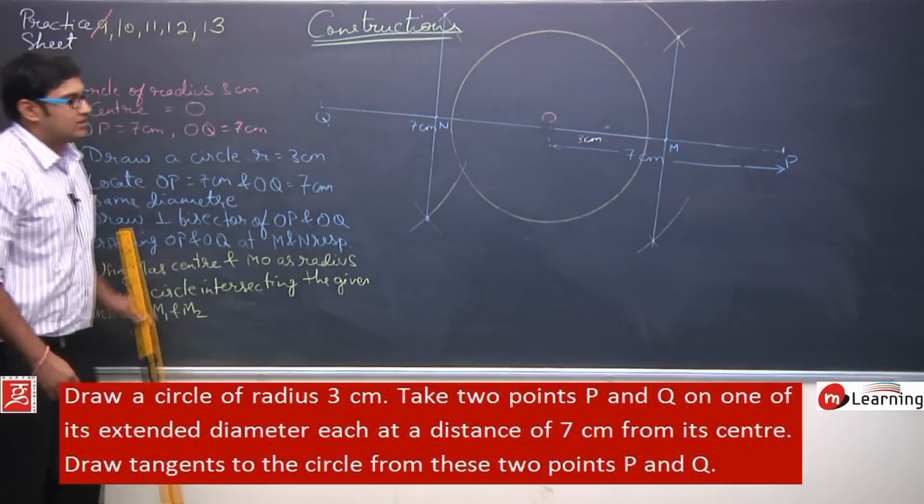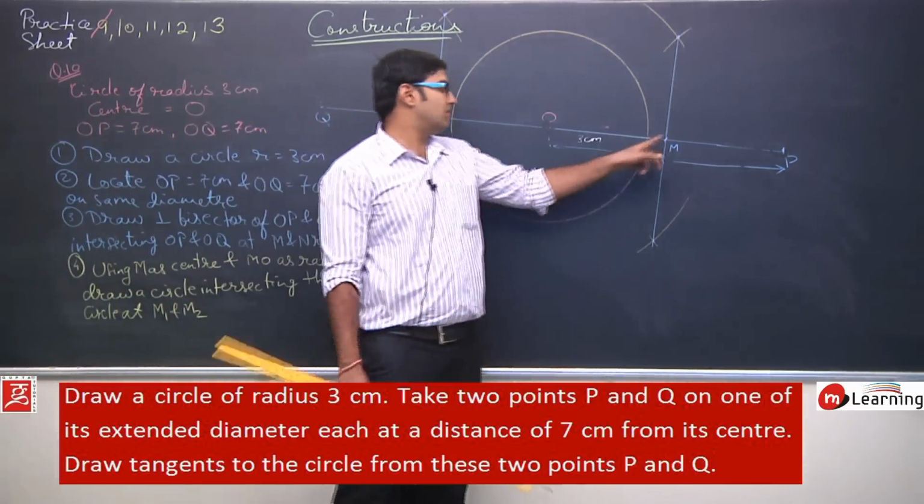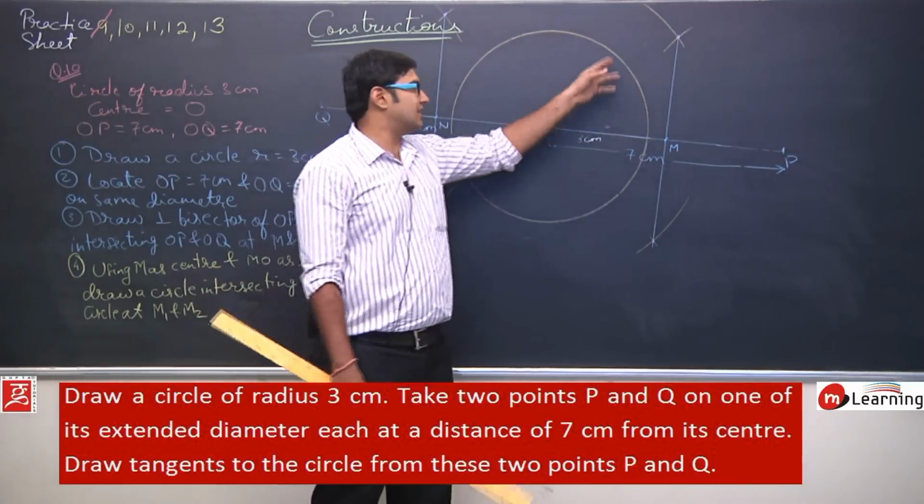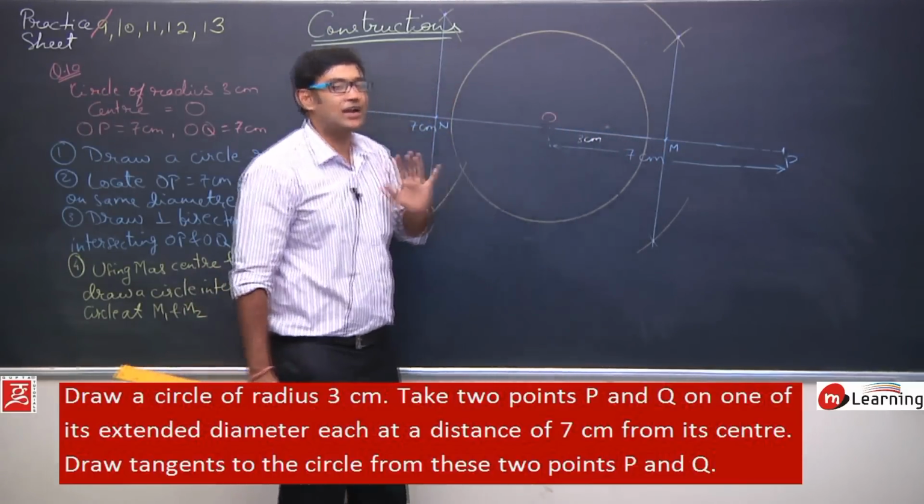Let us say I have drawn a circle from this point M using MO as the radius such that it is intersecting the given circle at 2 points M1 and M2.